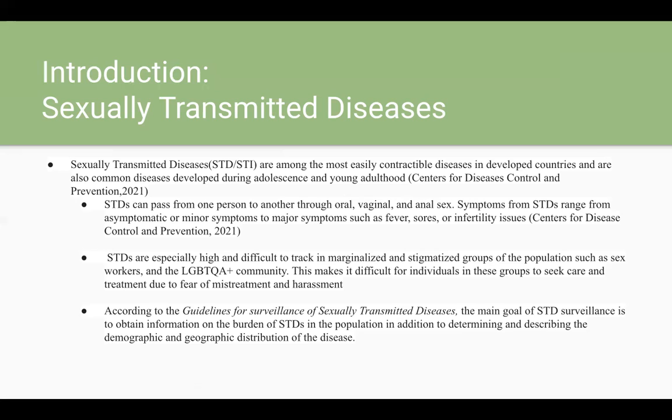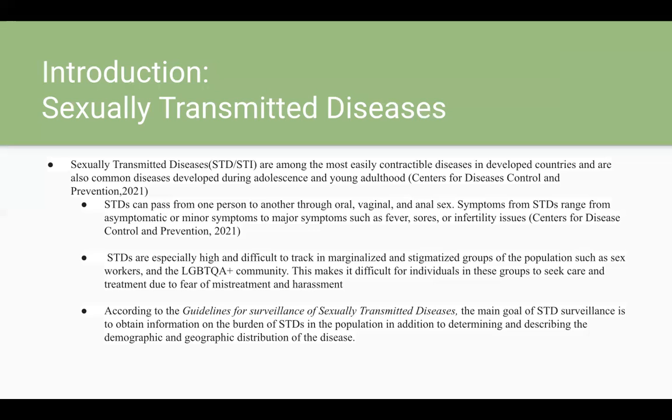Really easy to get. A big reason why is because it's really hard sometimes to tell who has it, and a lot of the times you can't always get accurate information or data due to it having a stigma surrounding it. So STDs can pass from one person to another through oral, vaginal, and anal sex.